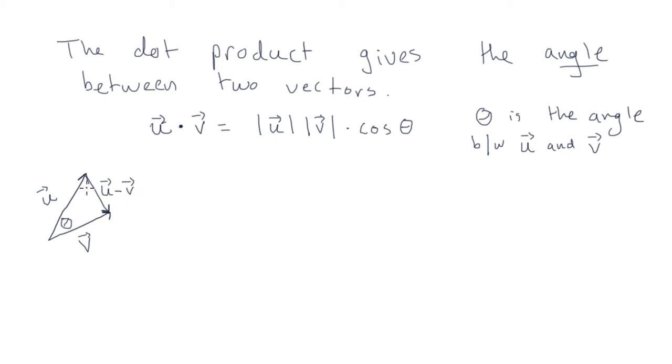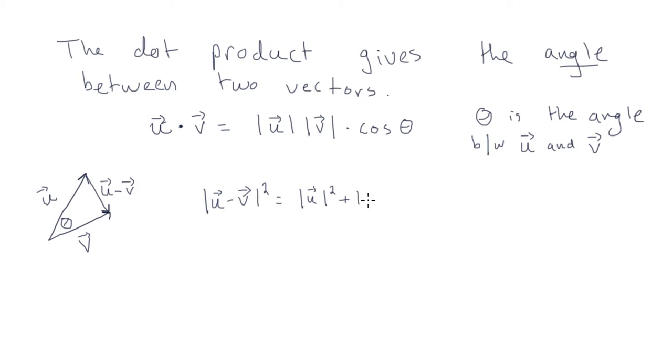And so now I have a triangle. It's not necessarily a right triangle, but I can write out what the law of cosines says. The length of the side across from the angle, so the length of u minus v, squared, equals the sum of the squared lengths of the other two sides, so it's sort of like the Pythagorean theorem.